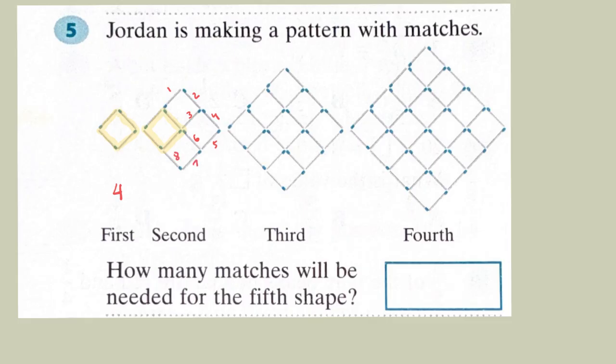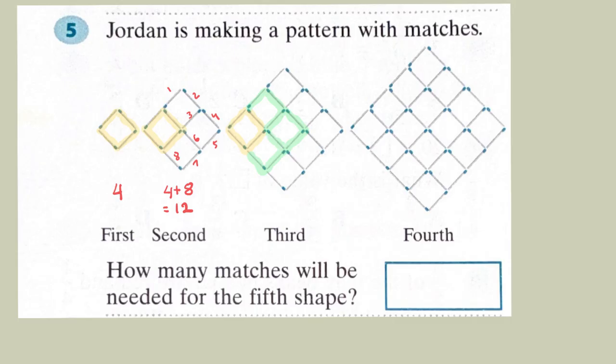So we've got 4 plus 8, and that is equal to 12 matches. The third shape has the original 4 matches, and then it has also the 8 matches that were added on.